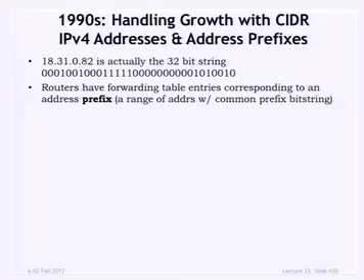It could have an entry in it with just the first 8 bits, which would signify that all packets that show up with that first prefix of 8 bits would have to be forwarded according to a rule, according to the link that was set for those first 8 bits. Or it could have an entry in the routing table for 16 bits. Or it could have an entry in the routing table for 19 bits. Or whatever. And that depends on how the routing system, how we advertise the routes and what it contains.